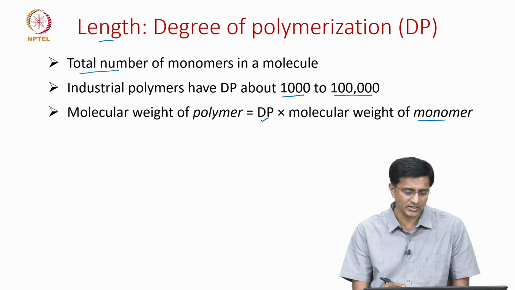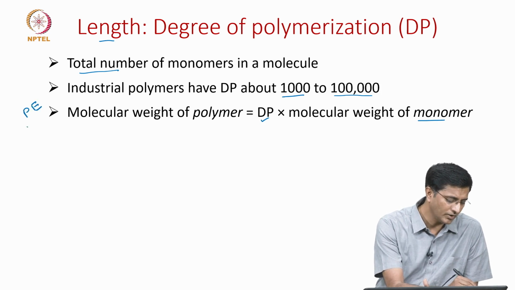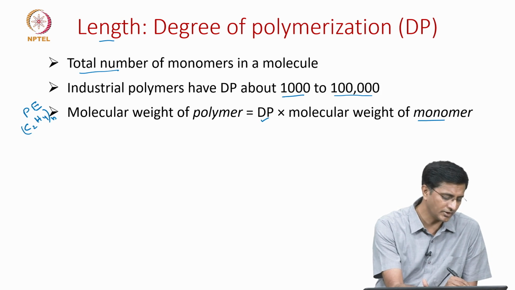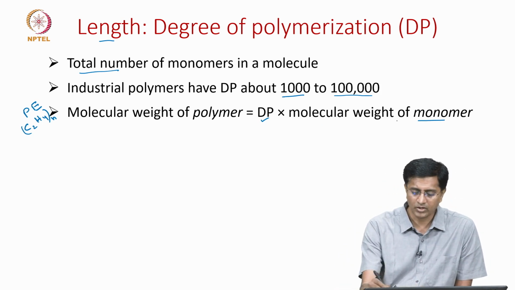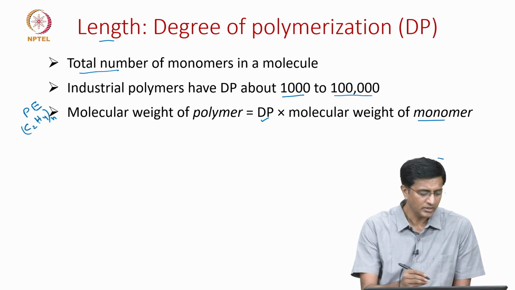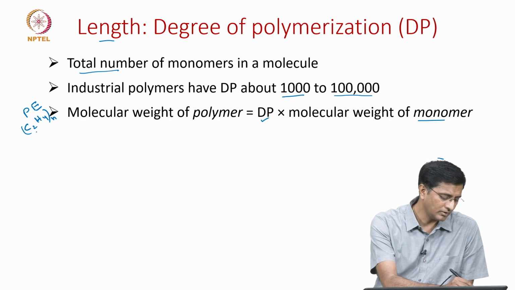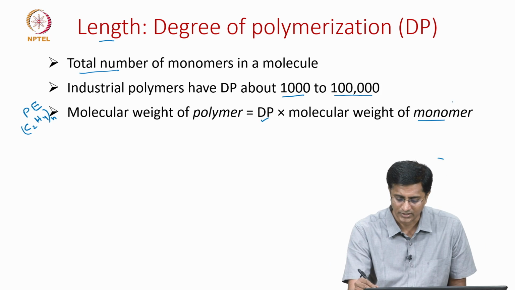Let us see this with an example. For example, consider polyethylene, where it is C2H4 to the N, where N is the number of monomers. So, dP times the molecular weight of the monomer. What is the molecular weight of the ethylene monomer? It is carbon 2 times 12 plus 4, which will be 28.